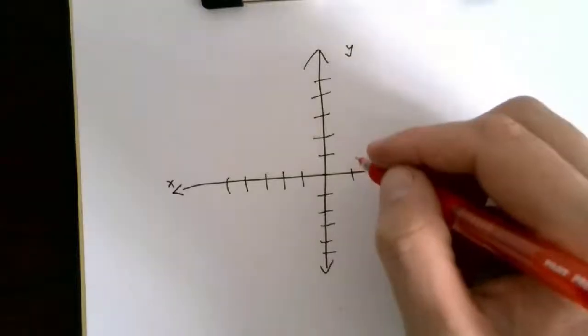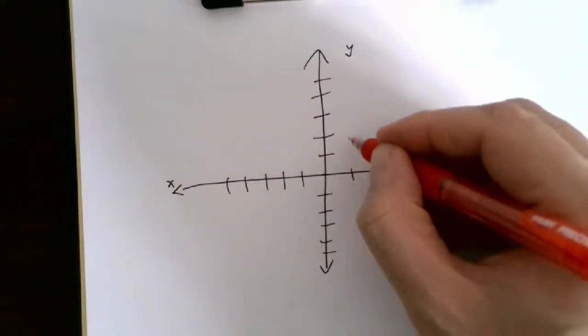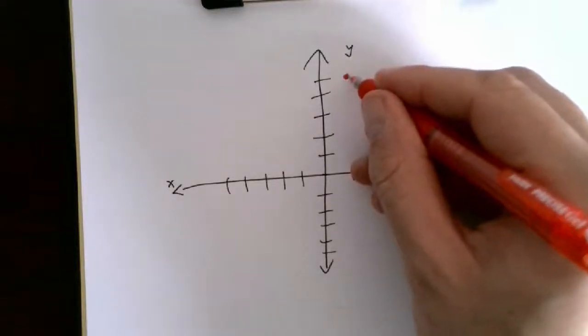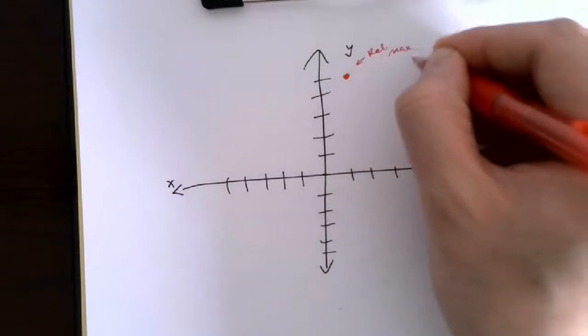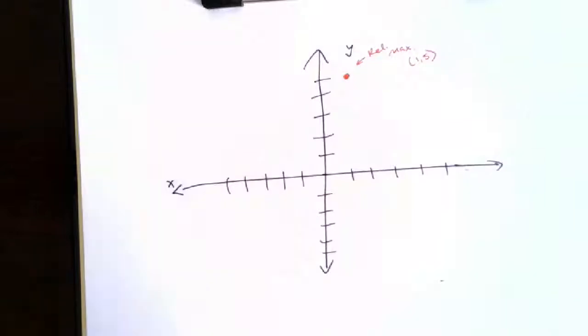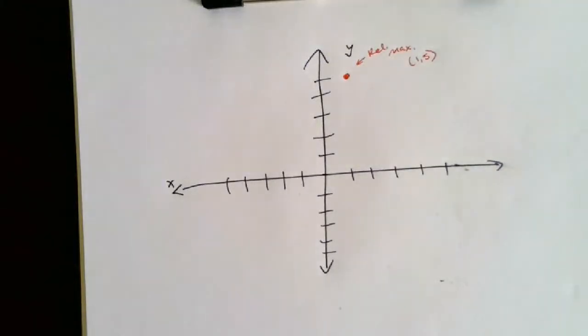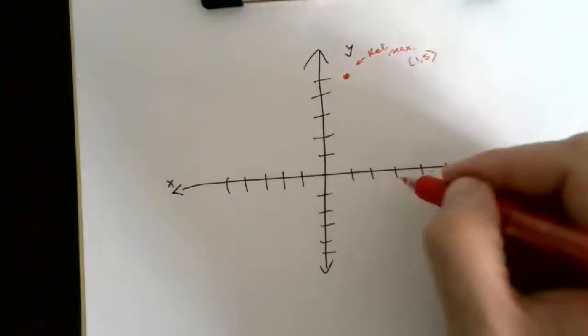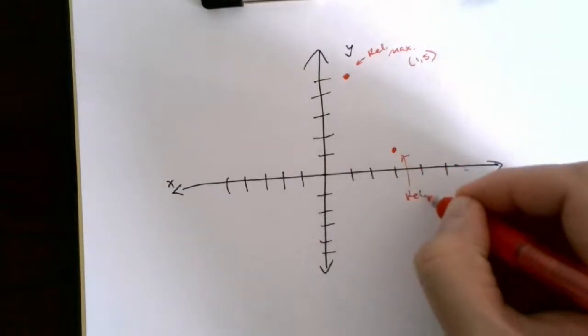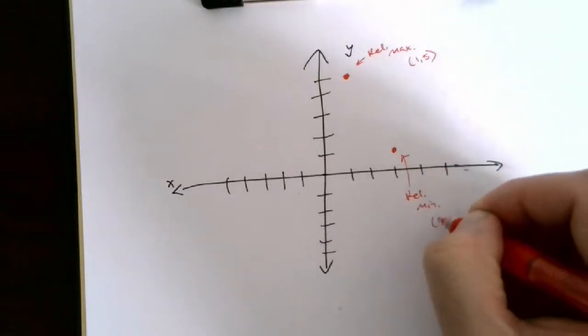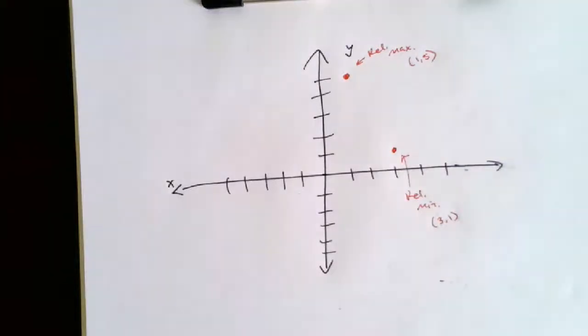So 1, 5, so 1 over, up 1, 2, 3, 4, 5 would be right there. And we said that's the relative max at 1, 5. The relative min we said was at 3, 1. Well, the x value is 3, the y value is 1. So right here, that's the relative min at 3, 1. We also found the inflection point where the concavity changed.